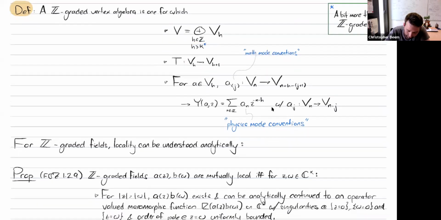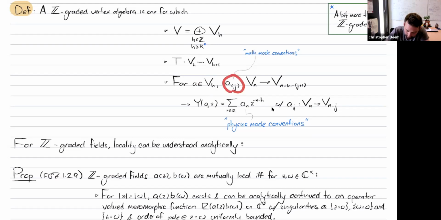And then the fields associated to homogeneous elements of my space of states. So if A is an element of the H graded part of my vector space, then when I give it an expansion in terms of these endomorphisms, those things are going to act between definite weight spaces.